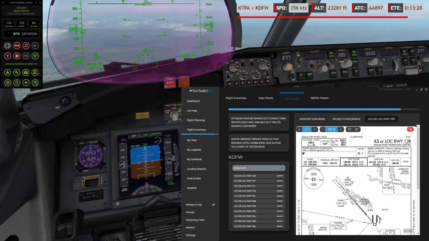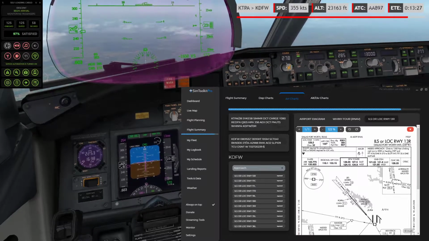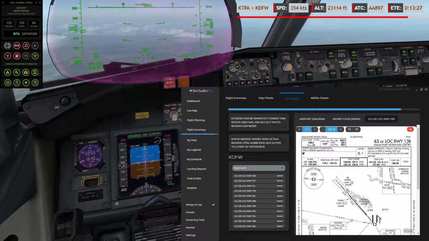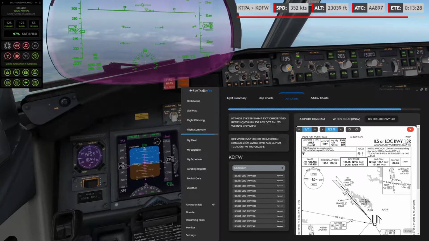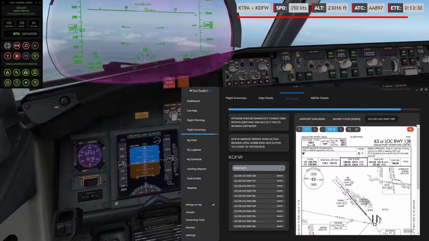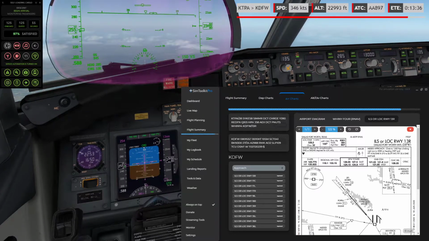I'll just continue the descent over here. 135, and on the right side, check.